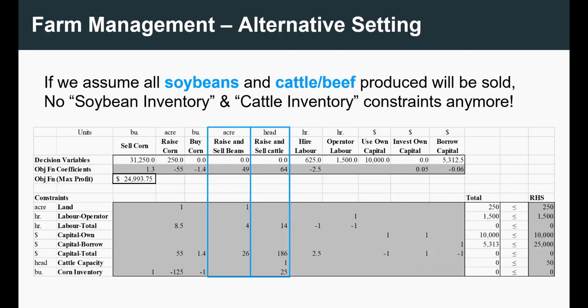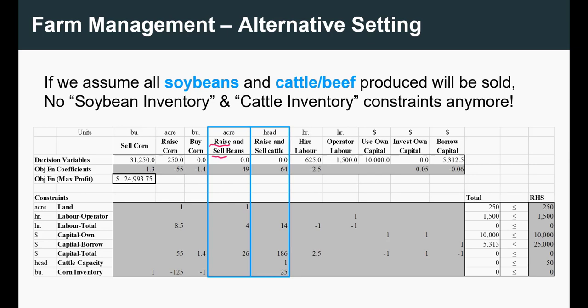And I mentioned that there's a different setting of this linear programming problem, and you actually end up with fewer constraints and fewer decision variables. So how can we do this? We can combine the raise and sell of soybeans. By doing that, we assume that all of the soybean produced or raised will be sold.